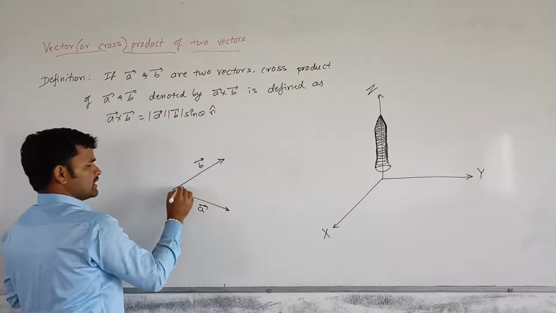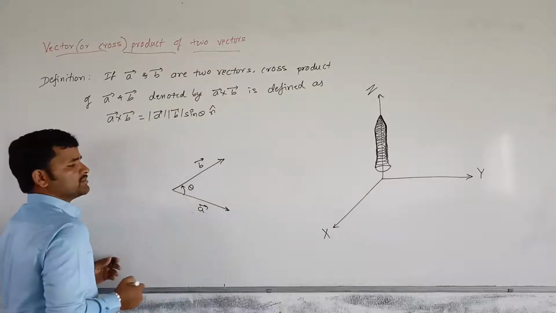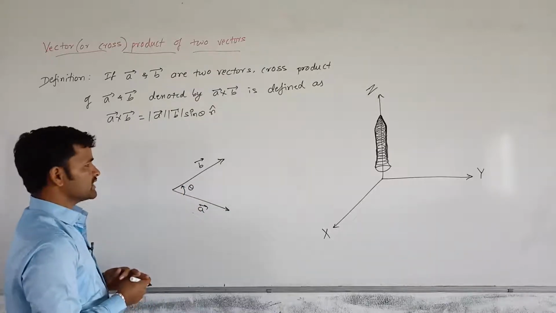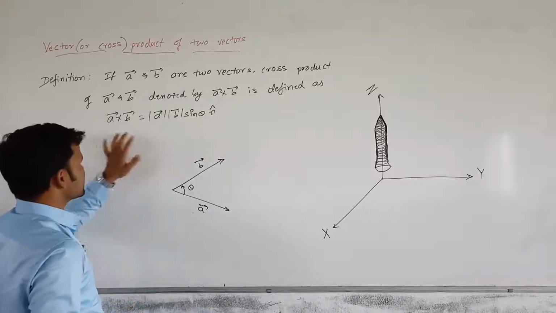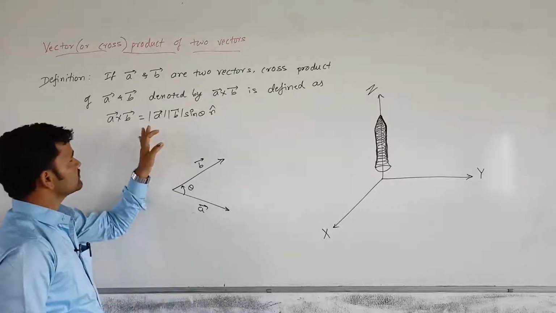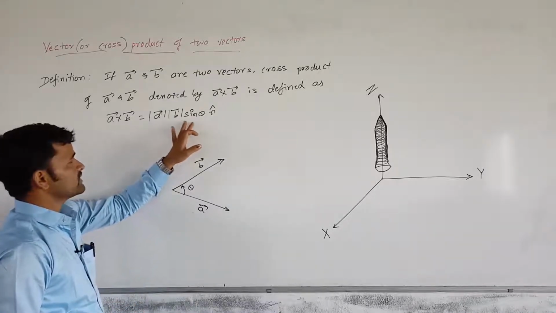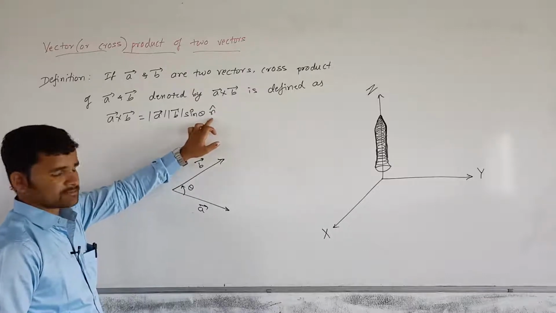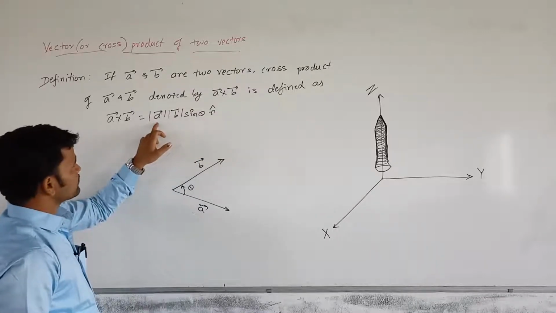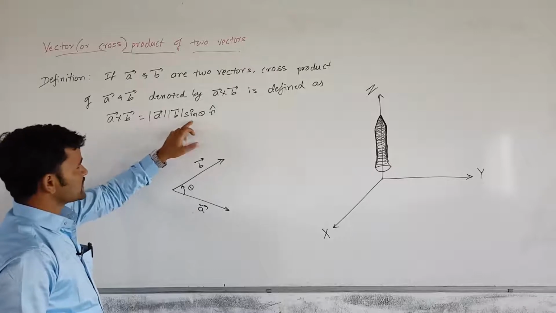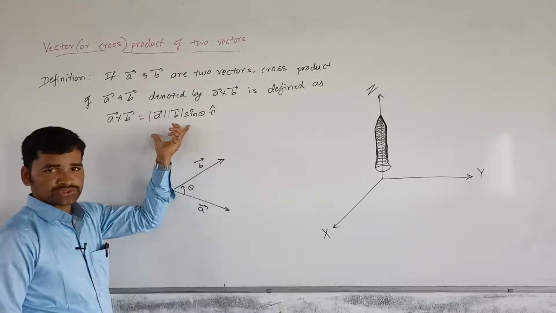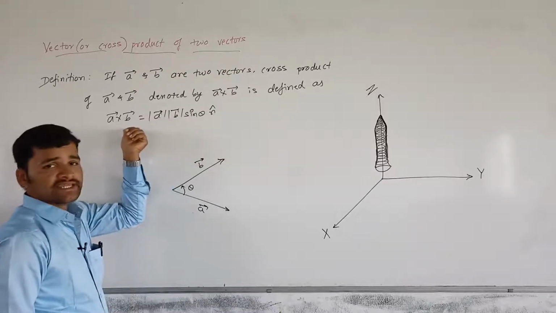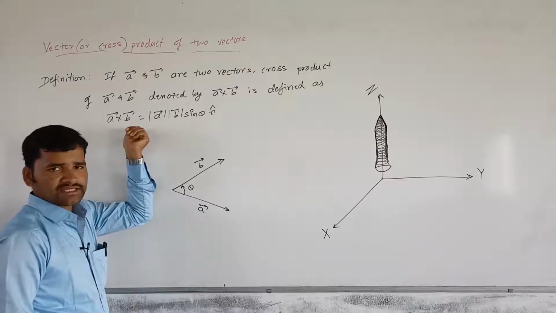Now here theta is the angle between vector A and vector B. So A cross B is equal to magnitude of vector A into magnitude of vector B into sin theta into n cap. Magnitude of A into magnitude of B into sin theta is the magnitude or length of A cross B.